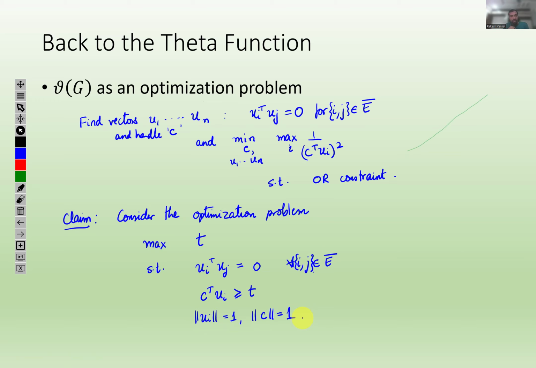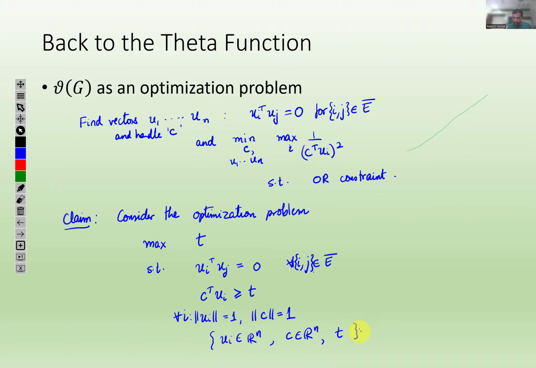So I claim that the value of this, so what have I written? I've written maximize t such that ui transpose uj equal to 0. The variables are vectors ui and a vector c in Rn and t.